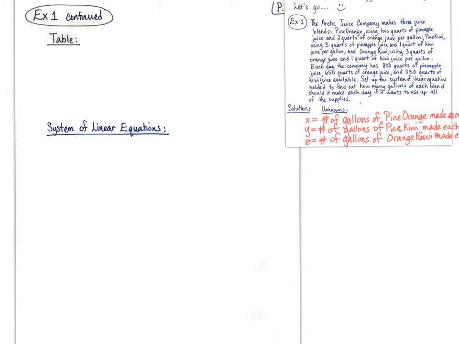So we had our pine orange, which was X. We then had our pine kiwi, which was just Y. Then we had our orange kiwi, which was Z. And then we had the total available.